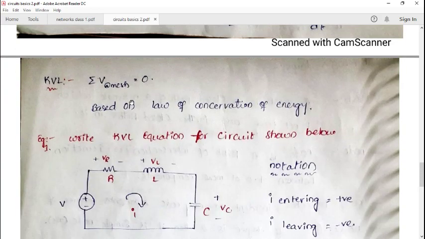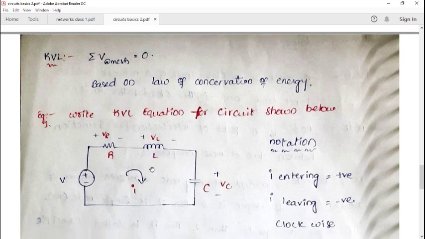Next, we'll go to KVL, Kirchhoff voltage law. It can be defined as for any closed path in a network, algebraic sum of voltages is equal to 0. This is based on law of conservation of energy. So sigma V at mesh equal to 0.